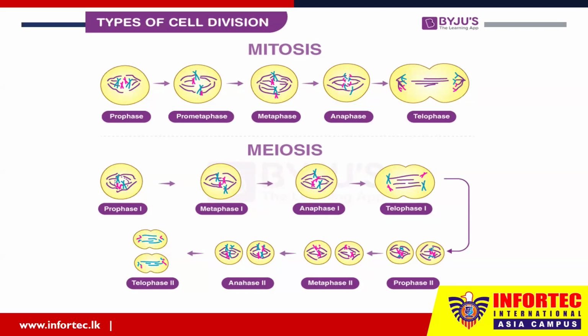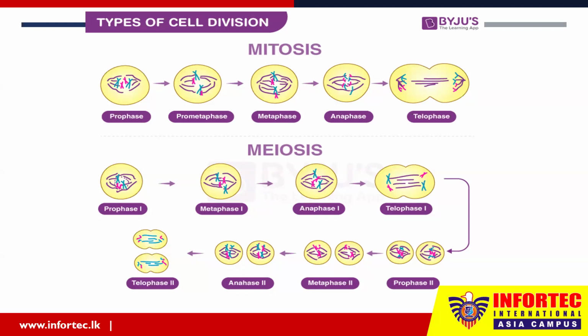Those centrioles go to the poles of the cell, the north pole and the south pole. From those centrioles, the microtubules spread towards the cytoplasm and connect to the centromeres on the chromosomes. So that's what happens in the prophase.